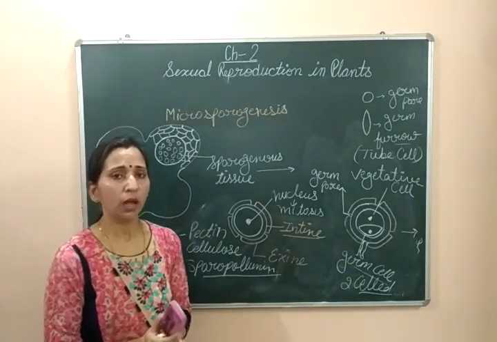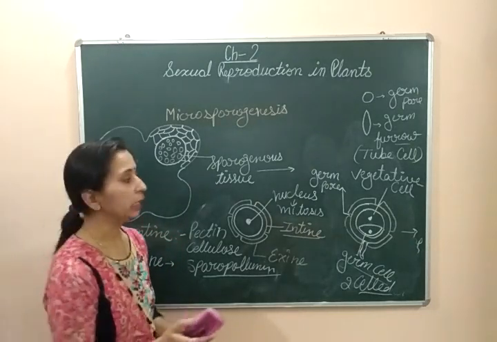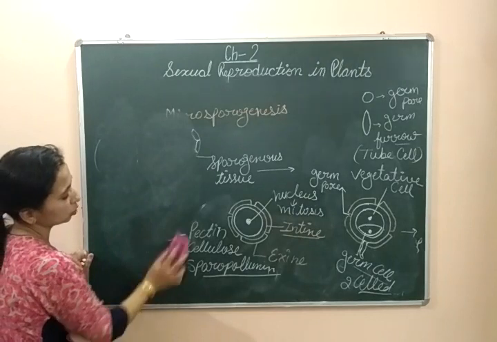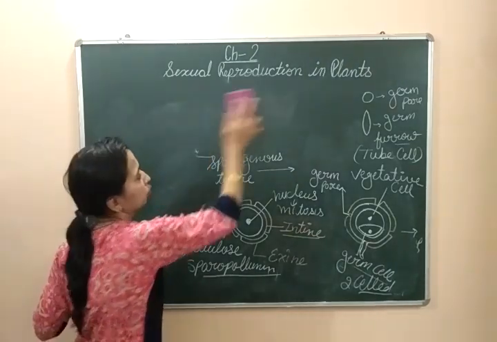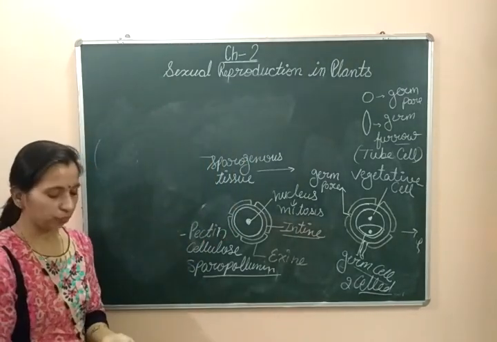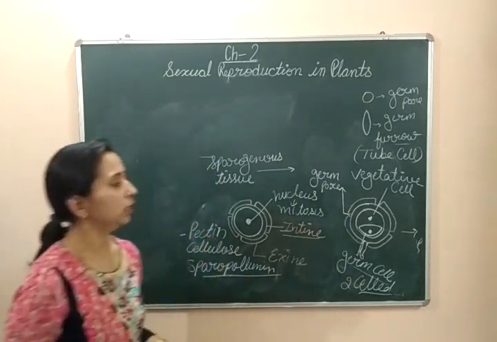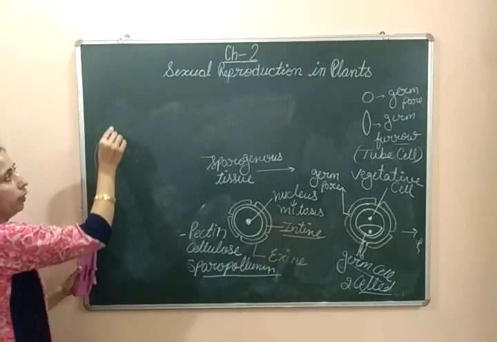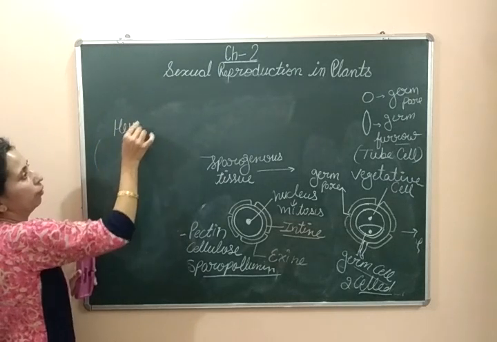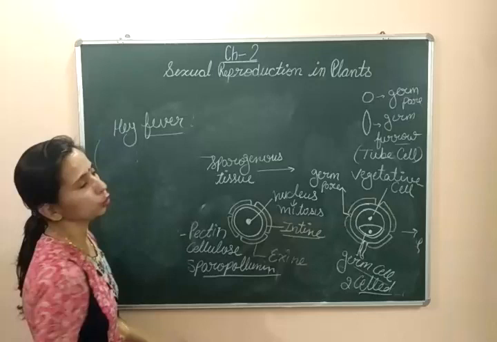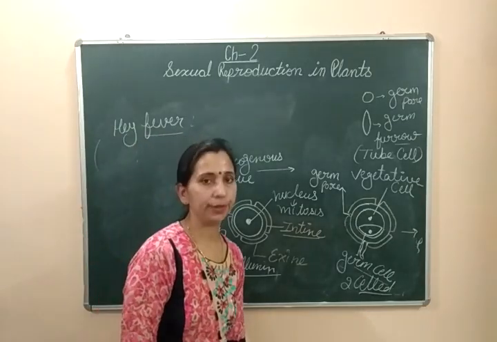Some plants have pollen grains which can create allergies. Pollen grains have a very small, powder-like structure which can create allergies in some persons. One example of such an allergy is hay fever, a disease created due to allergy to pollen grains.